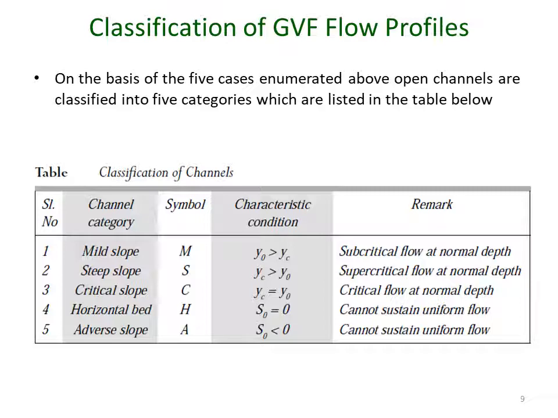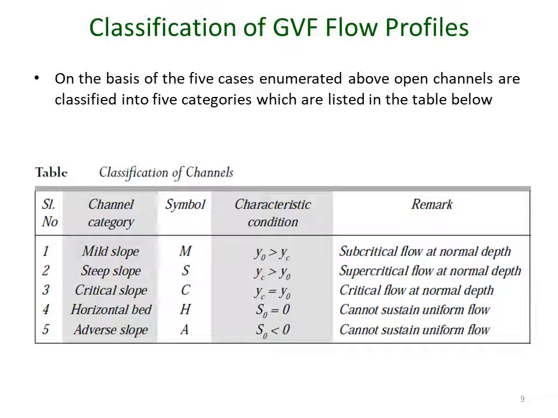So case number 1 is the channel category of mild slope, which is symbolized by M, and the characteristic condition is where the normal flow depth is greater than the critical flow depth. So this represents the subcritical flow condition at normal depth.